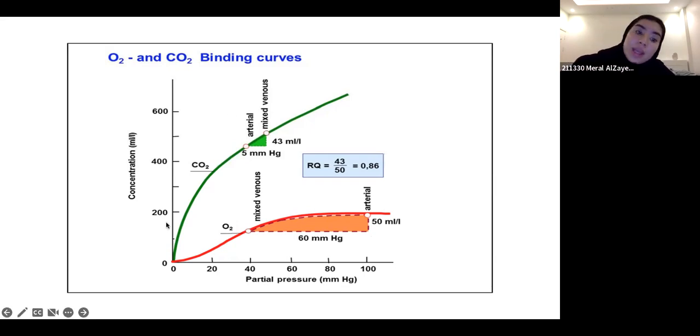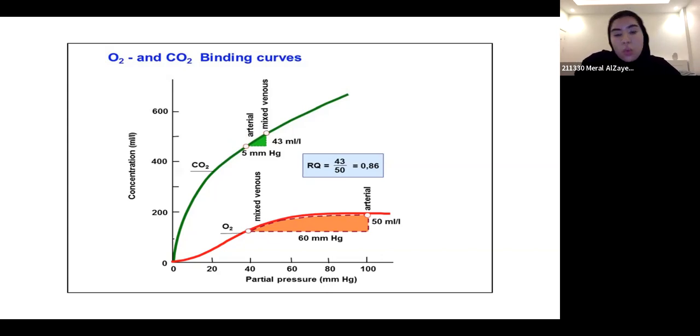However, if you take the dissociation curve of the carbon dioxide, you know how we said that by the time the blood reaches our legs, we will lose 50 milliliters per liter of concentration of our oxygen. It will get taken up by the tissues. Okay, what does oxygen get exchanged for though?